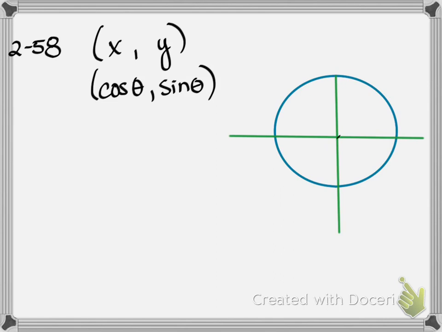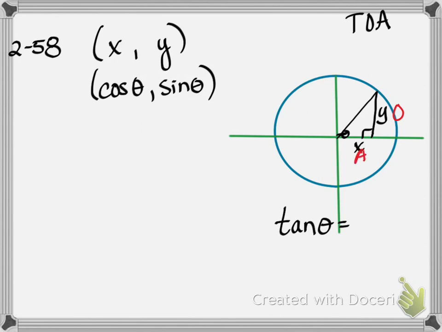And we have a little right triangle here with theta. This is some y value and that's some x value. Refer to the diagram at the right and determine what the tangent of theta would be. Well, tangent for SOHCAHTOA is O over A. So for that theta, this is O and this is A, because this is my hypotenuse.